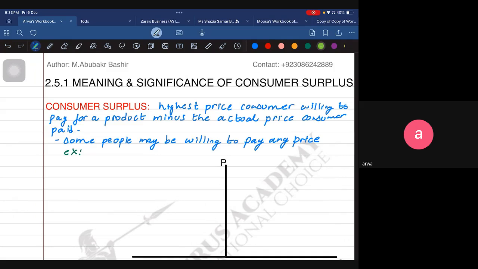Maybe it's a Cricket World Cup final match ticket, and you are that one crazy fan who wants to experience it no matter what the price. So passion can also lead you to do this. So a Cricket World Cup final match ticket could be one.